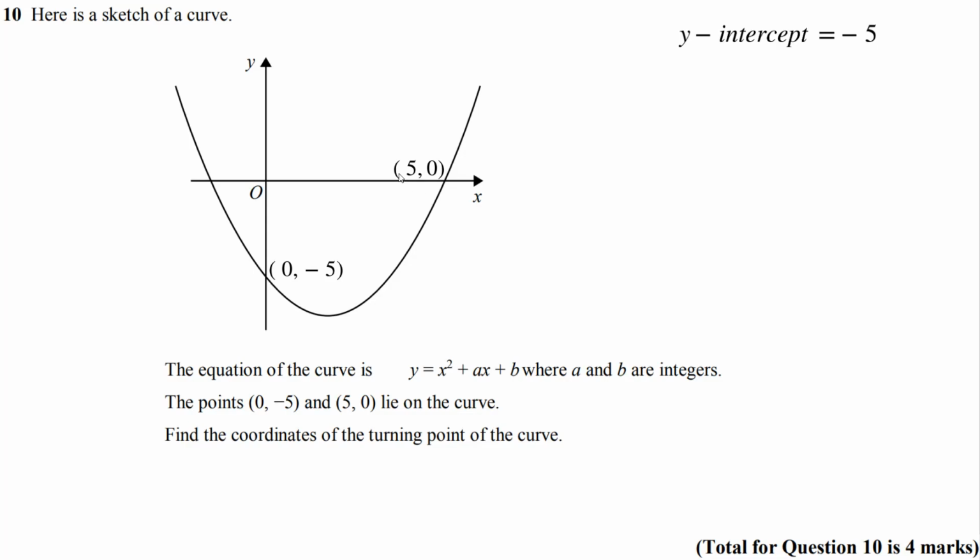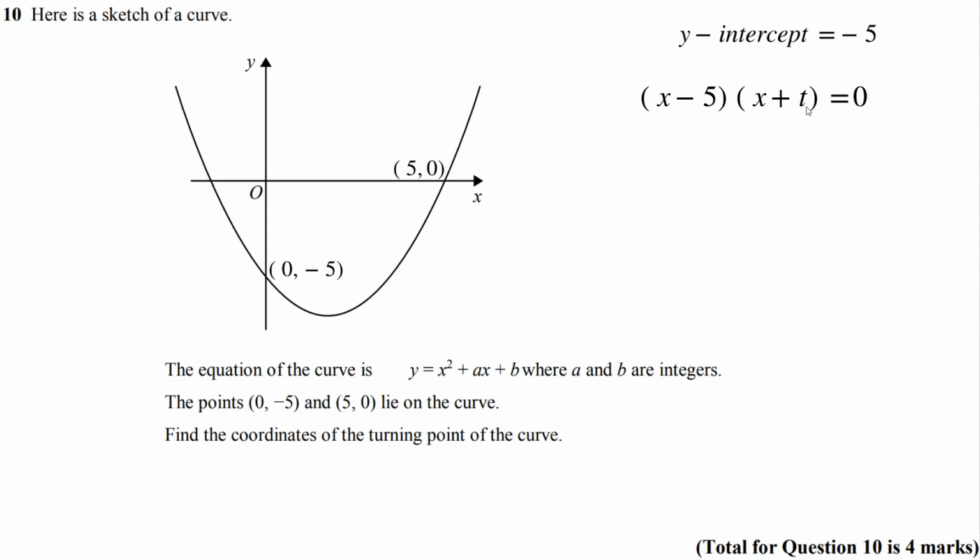The only way to get a positive 5 as an answer is by doing x minus 5 multiplied by something else. So it's x minus 5 multiplied by, let's call this coordinate minus t. If that's minus t, then it's going to correspond to plus t in here, because here x equals 5, which we've been told, and here we've called this minus t, so x equals minus t.